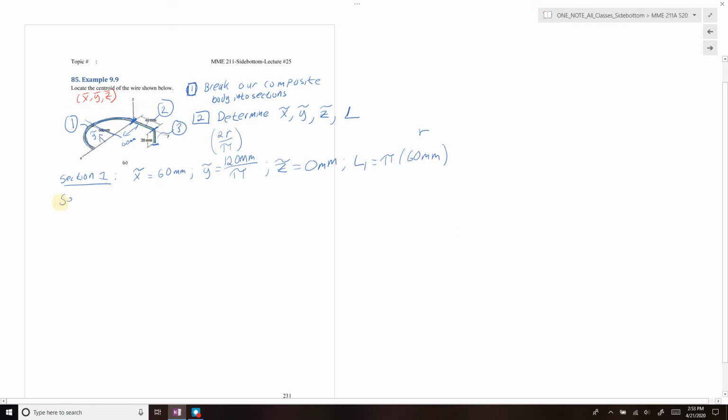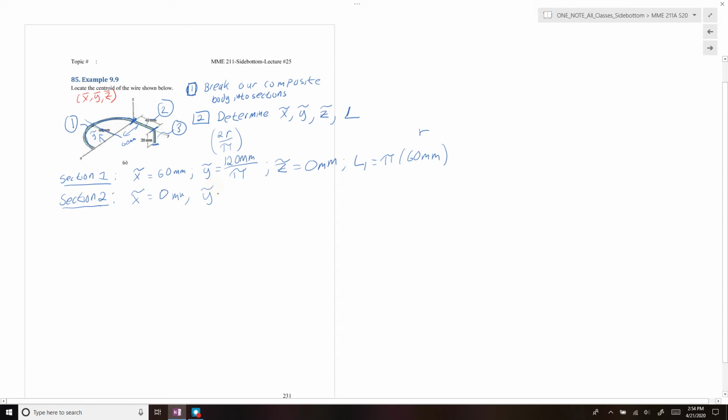Alright. So section 2 just goes from the origin to 40 millimeters along the y-axis. So x tilde would be equal to 0. There's no part of it that has any x component at all.